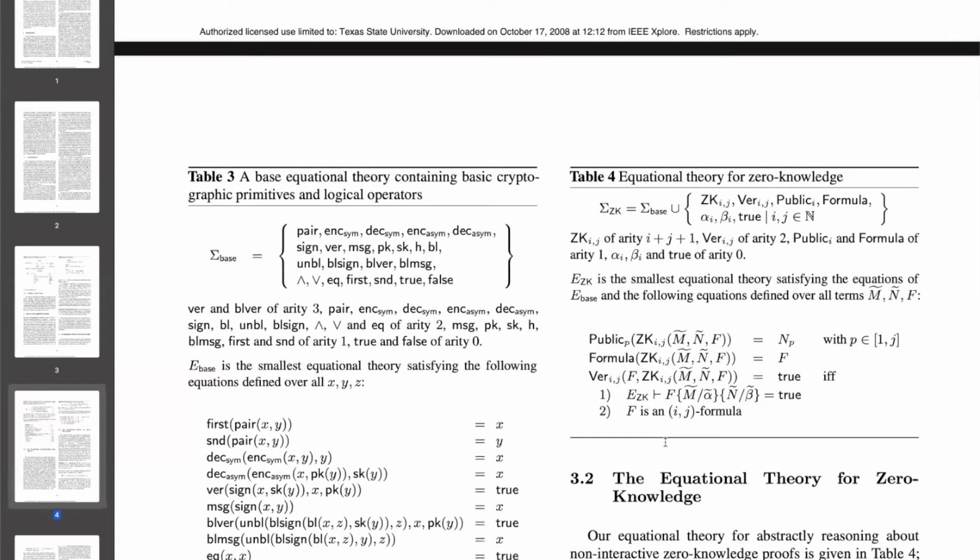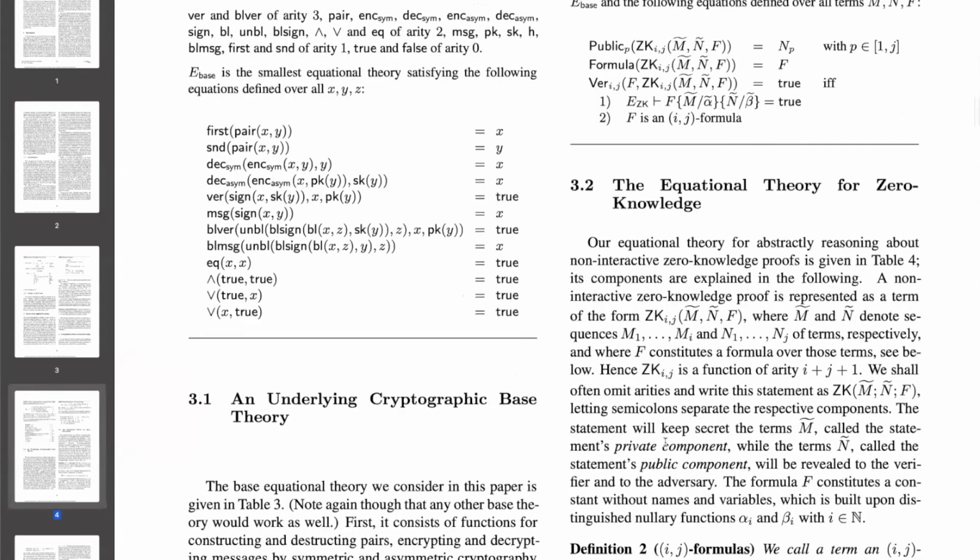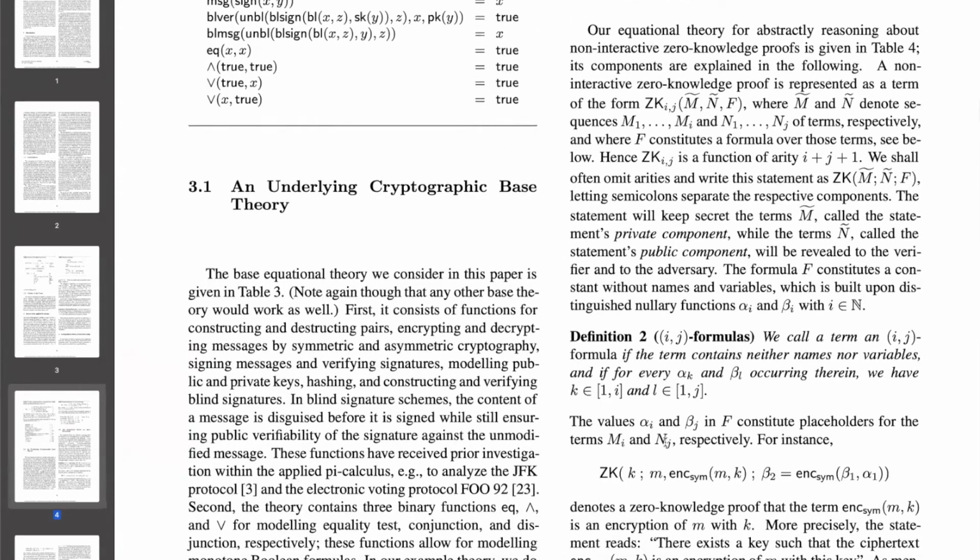So they give a definition of an ij formula down here. So a term is an ij formula if the term contains neither names nor variables, right? So that makes it ground, and it's ground without names, right?